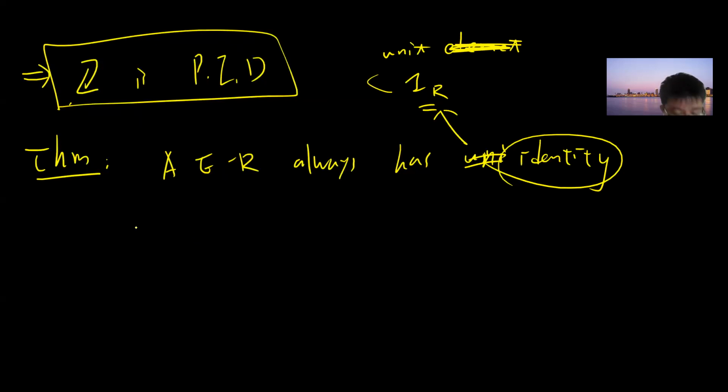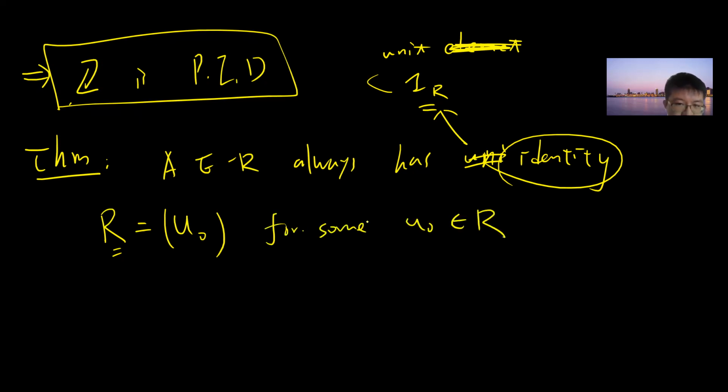Yeah. So the proof is stupid, because I know that the ring itself is basically an ideal. So it is generated by some U0 in the ring. I claim that U0 is the identity.